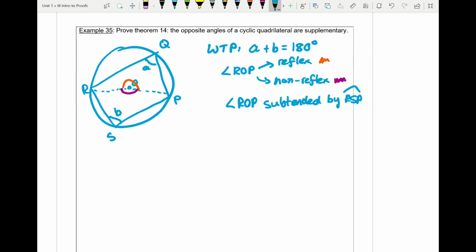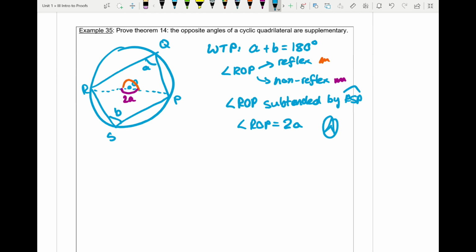So we get that the angle ROP is equal to 2 times A. So this is our non-reflex. So our purple angle here is equal to 2A. If we then flip this entire thing on its head, well, first of all, let's not forget our symbol. Okay, so there's our symbol in there.